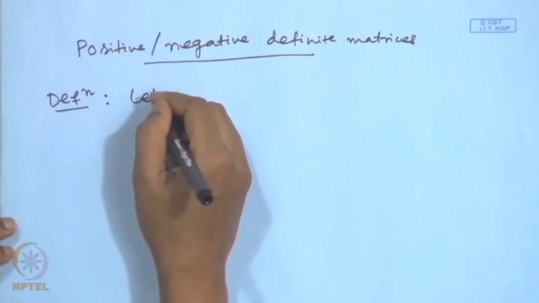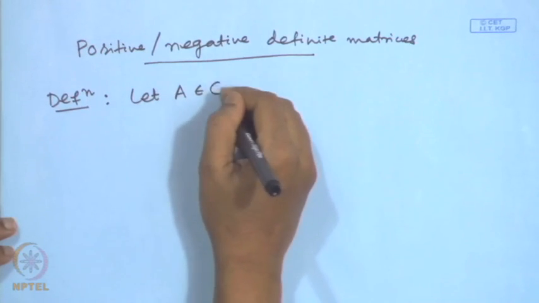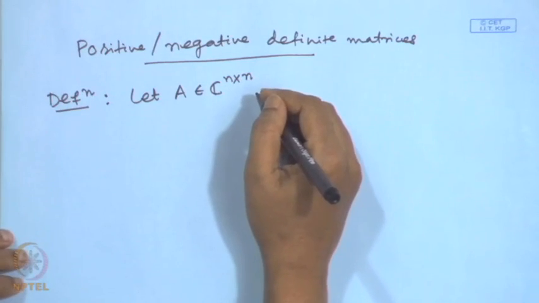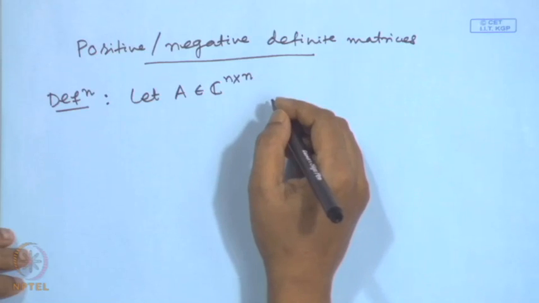Let A belong to C n cross n, that is, a matrix of size n with complex entries.